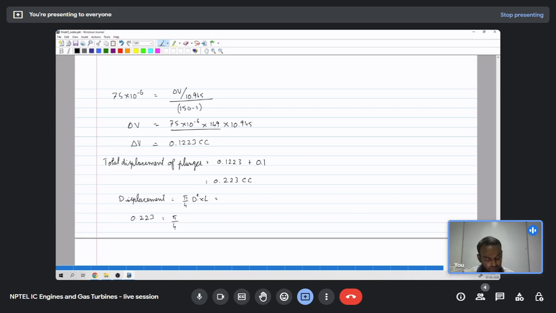So the diameter, mentioned as 7 mm, is 0.7 centimeters, into L. So L will be 4 into 0.223 divided by pi into 0.7 square.